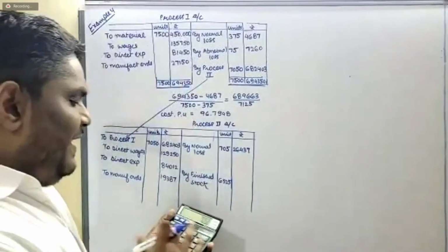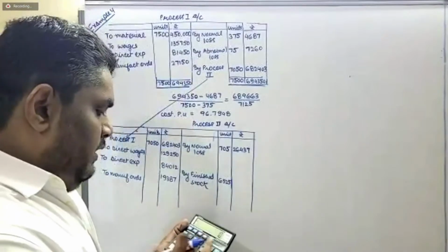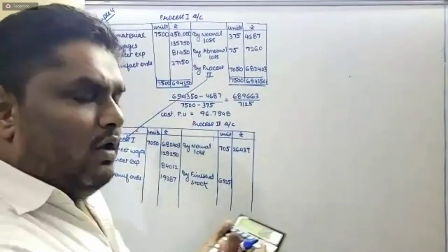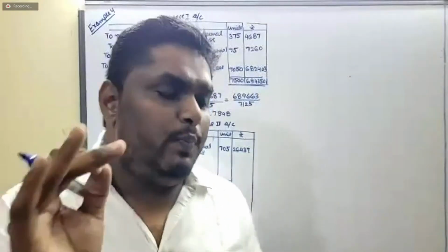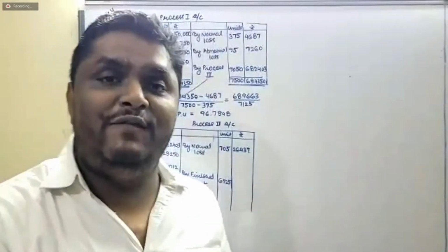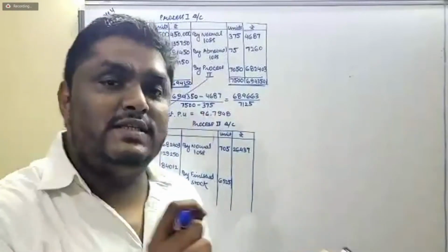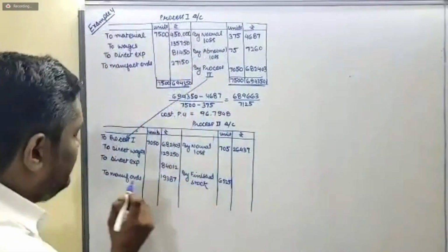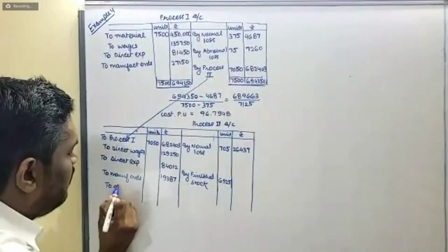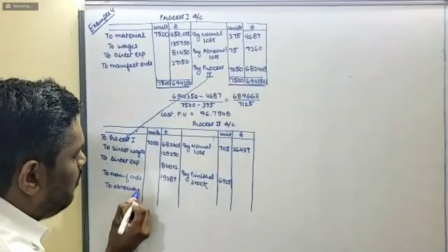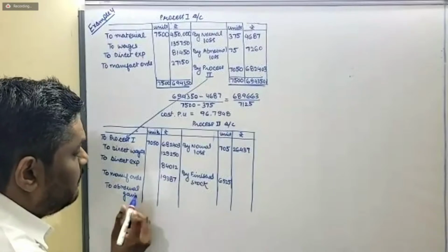Now 7050 is my input, 10% is my normal loss. So I was expecting an output of 6345. However, my output is 6525, that is 180 units more. So this 180 units is my abnormal gain.